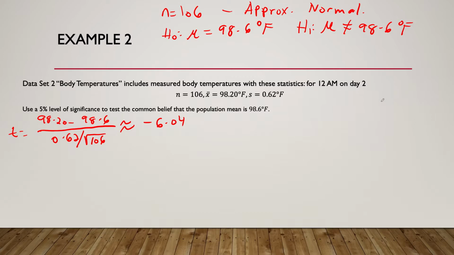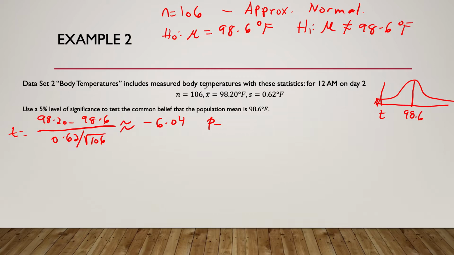And if we need a t-distribution here, just to emphasize it very quickly, we have our mean here of 98.6. A t-statistic of negative 6.04 is going to be all the way over here-ish, and we have the area below it that we're trying to find.